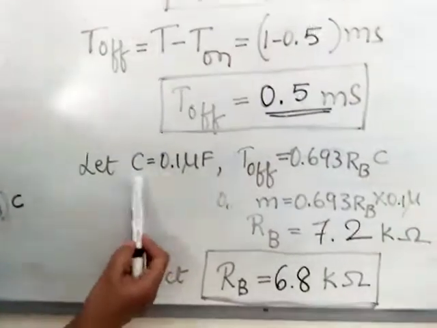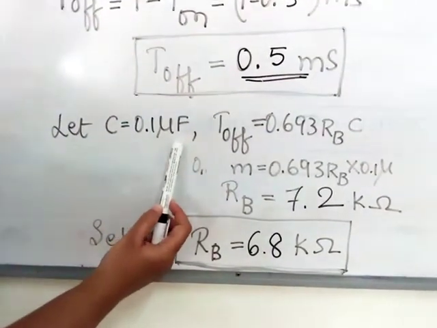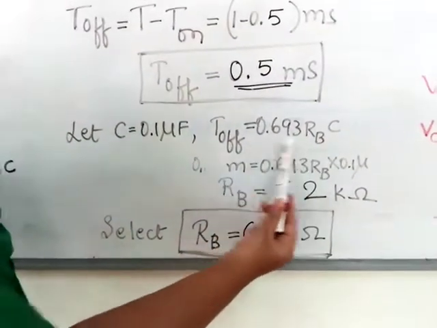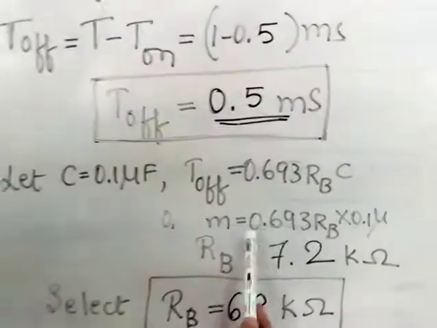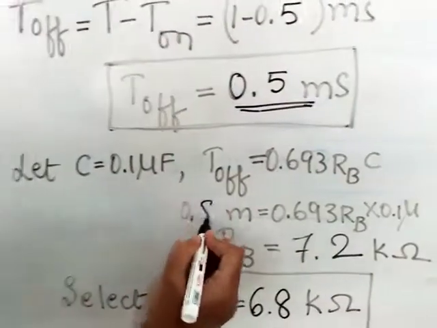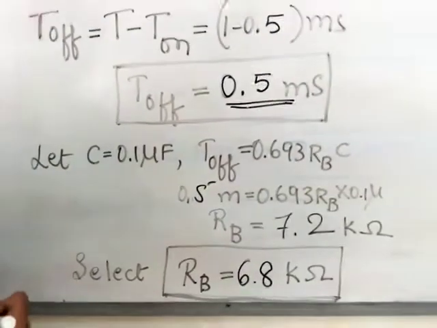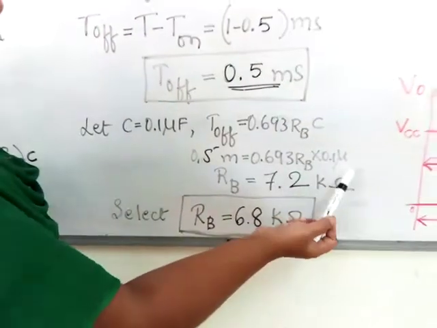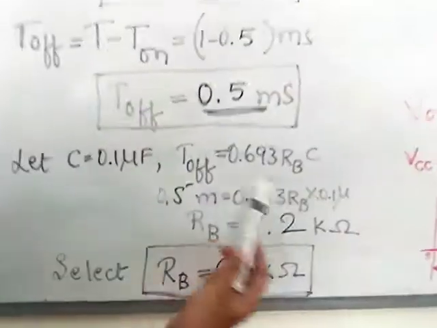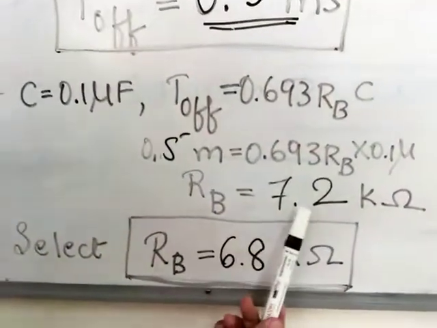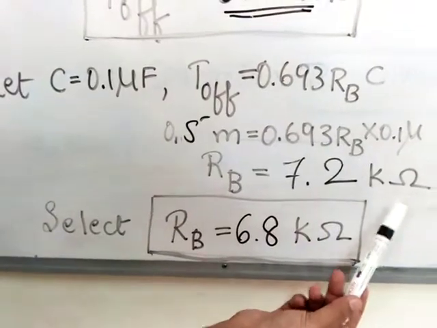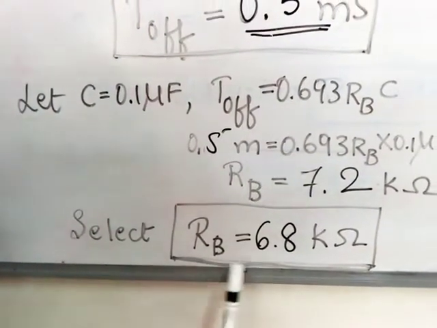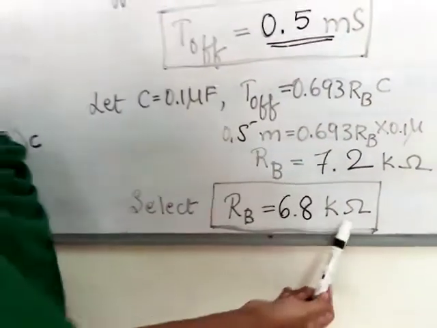Now assume C equals 0.1 microfarad. We know the equation for T off, so in this equation you need to substitute. T off is 0.5 milliseconds, that is equal to 0.693 into RB into 0.1 microfarad. If we simplify, you get RB equals 7.2 kilo ohm, but the standard resistance available is 6.8 kilo ohm.